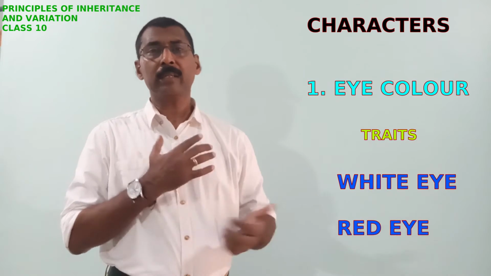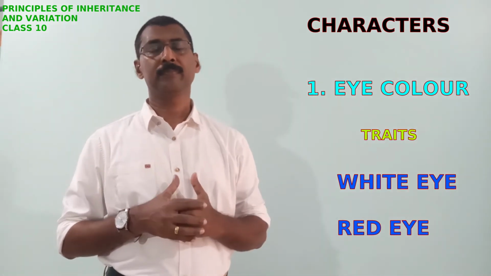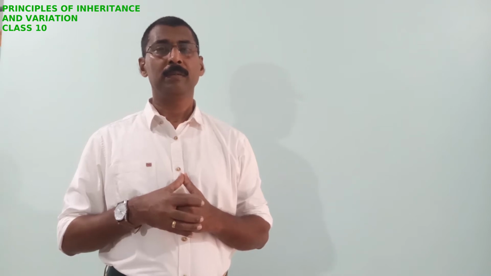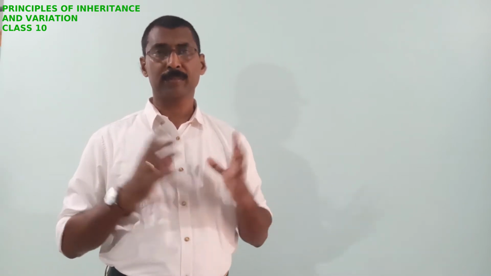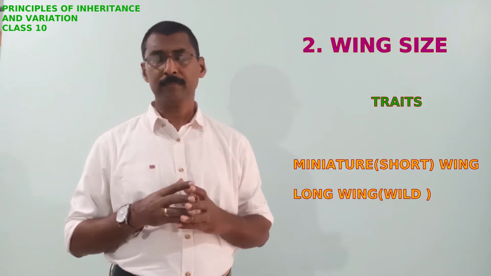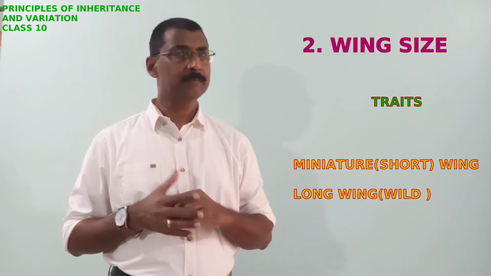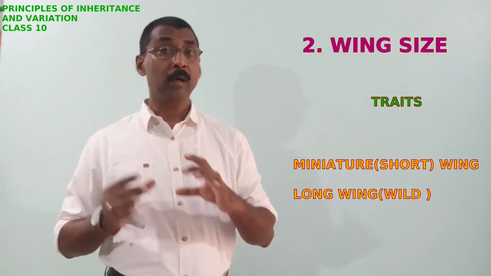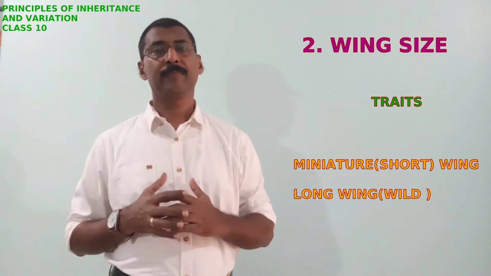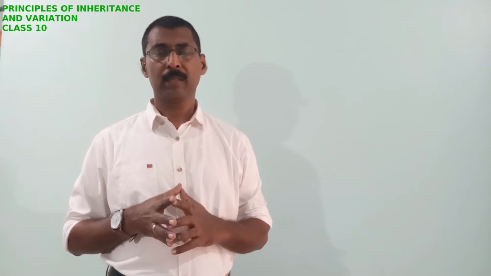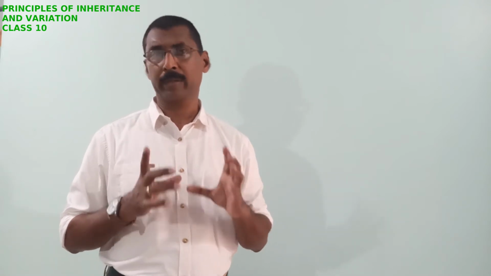And the second character he selected for cross B is the size of the wings. As far as size of the wings is concerned, two traits are there: long-winged individuals and miniature-winged individuals. Miniature wing means short wing.